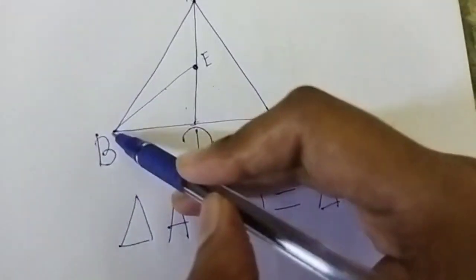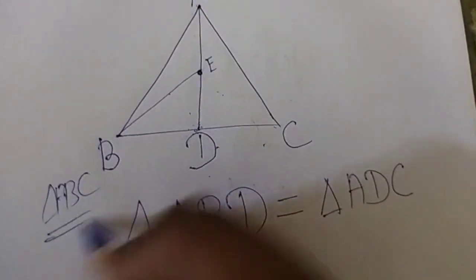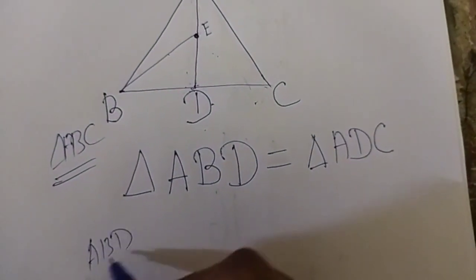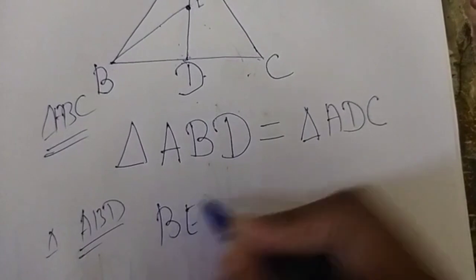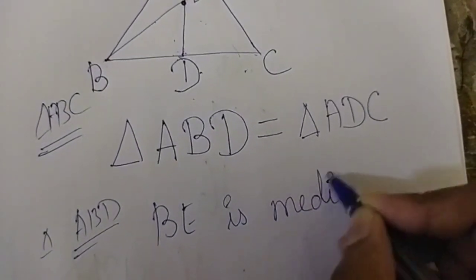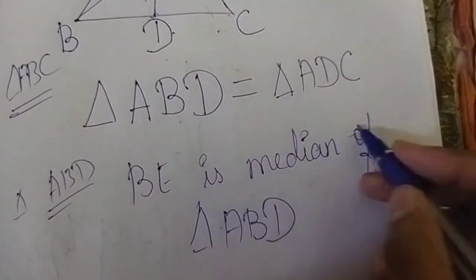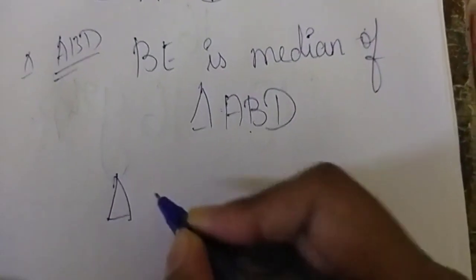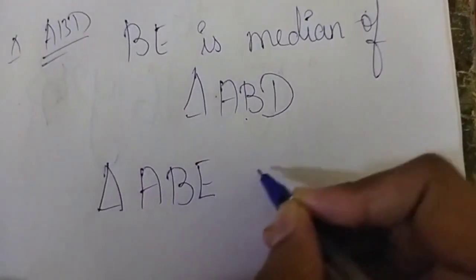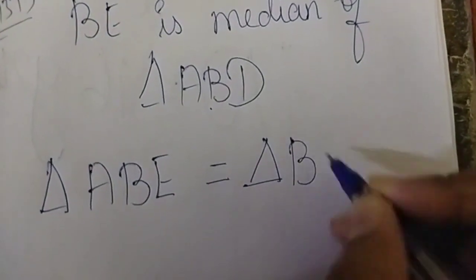Now if you take triangle ABD, BE is the median of triangle ABD, which means triangle ABE is equal to triangle BED.